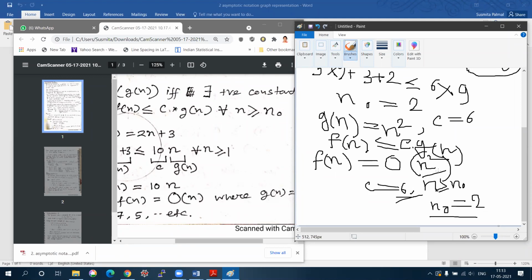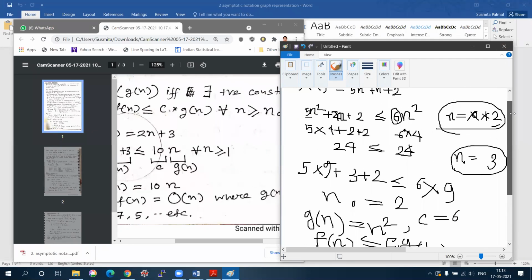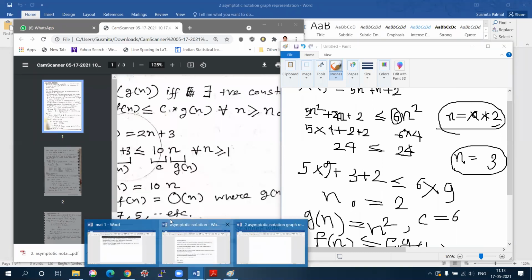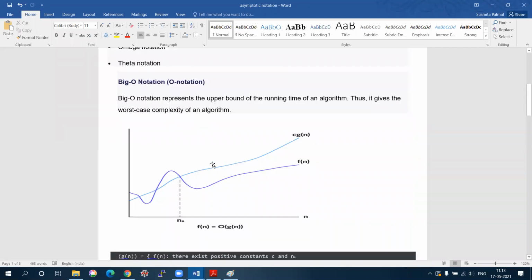This is the total concept about the big O notation, or big O asymptotic notation. If I observe the graphical representation of time complexity, big O notation represents the upper bound of the running time of an algorithm, thus it gives the worst case complexity of an algorithm.